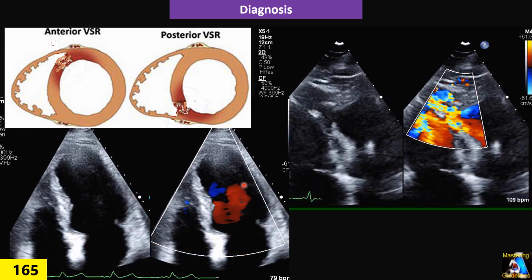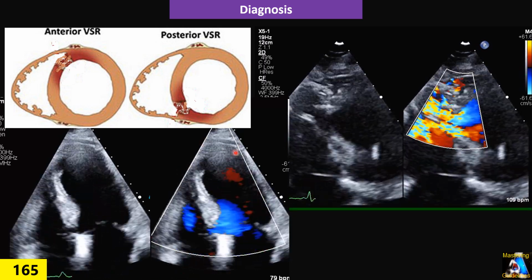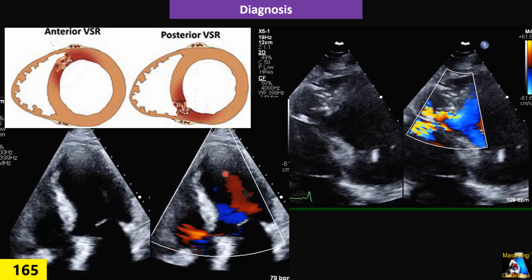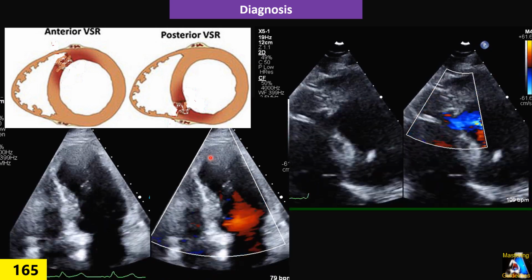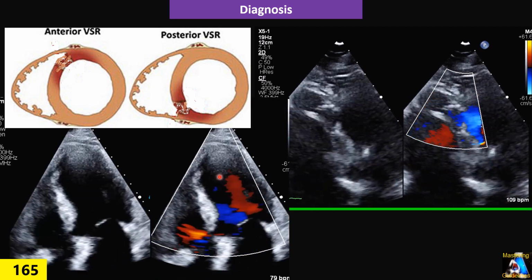even though we did color on the septum, the patient had a VSD due to infarction, but we cannot see the jet.